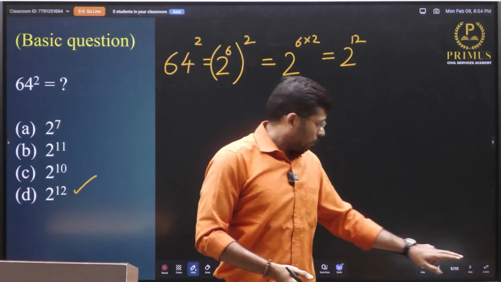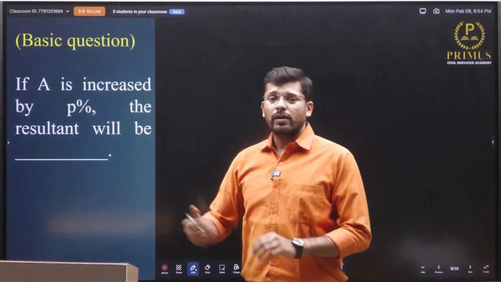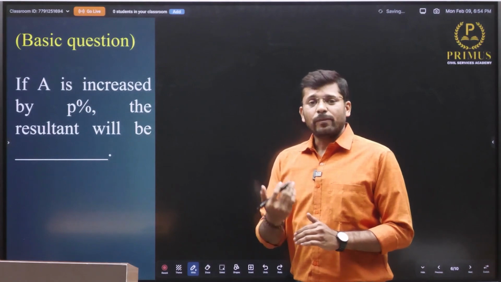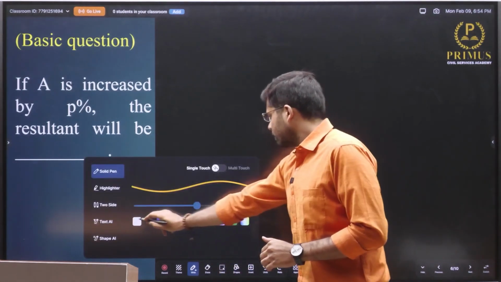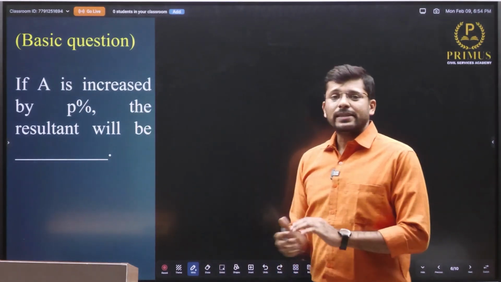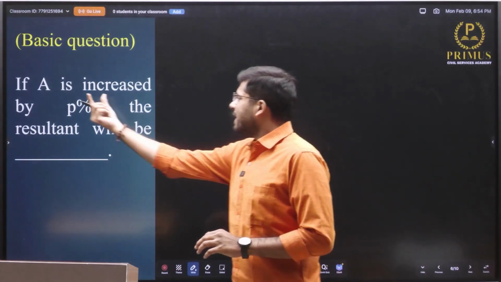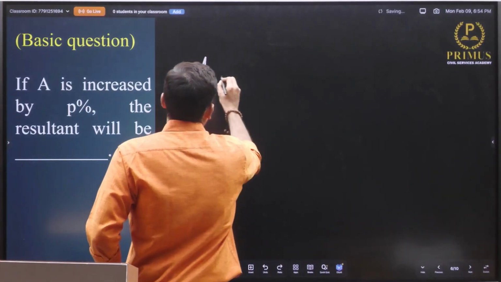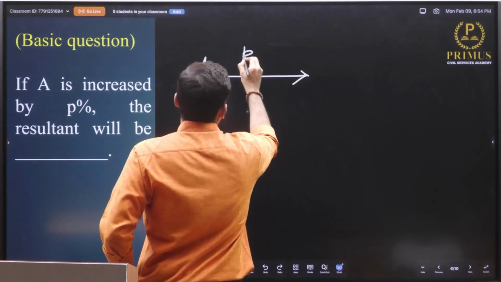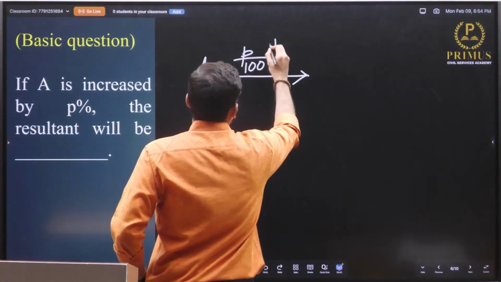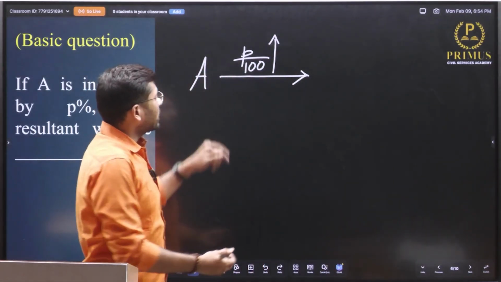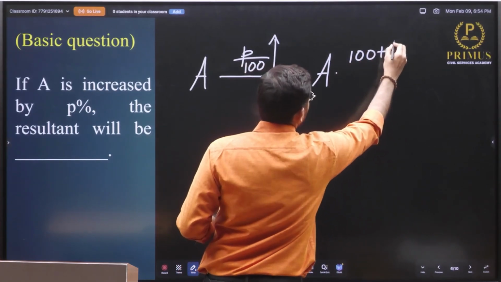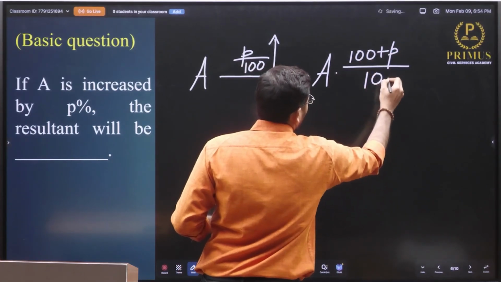Okay, again we will go to another question where we will learn another basic concept. If A is increased by p%, the resultant will be what? See, this is a basic property of percentage. p% is nothing but p by 100. If you increase A by p%, the resultant will be A multiplied with (100 plus p) divided by 100.